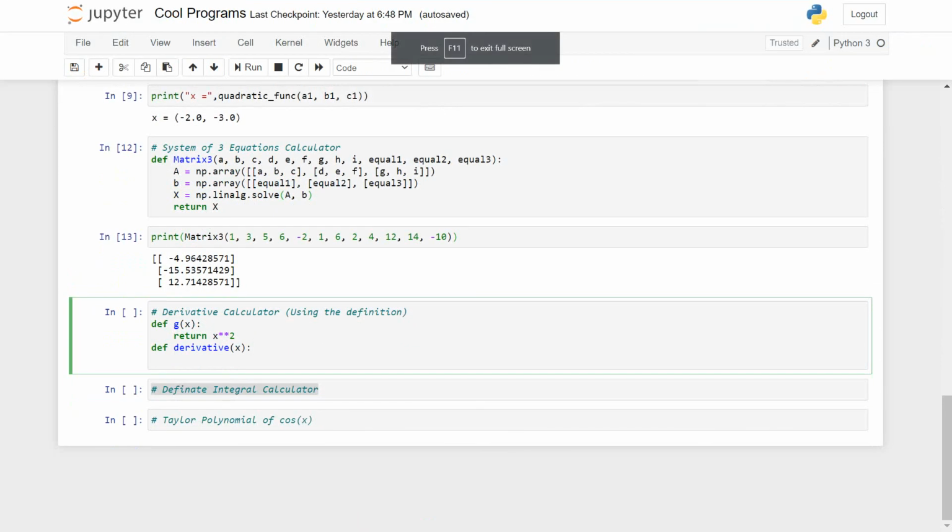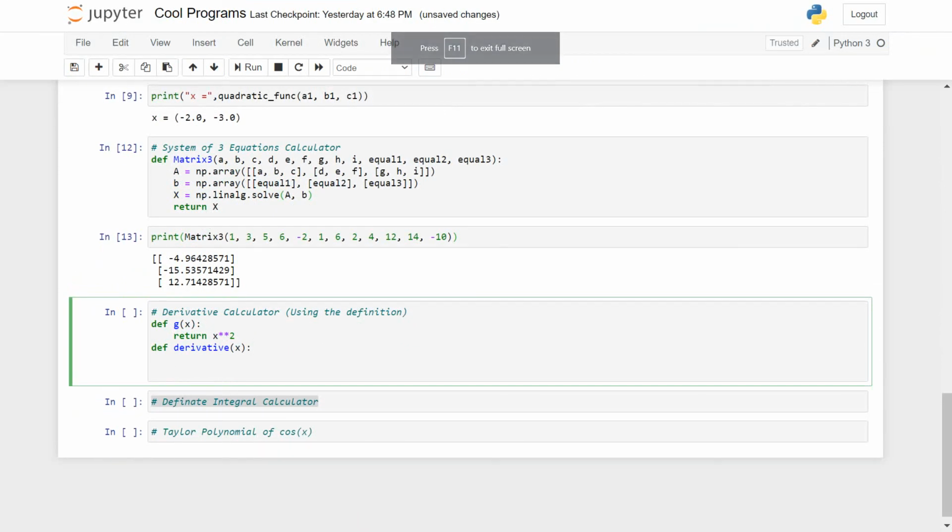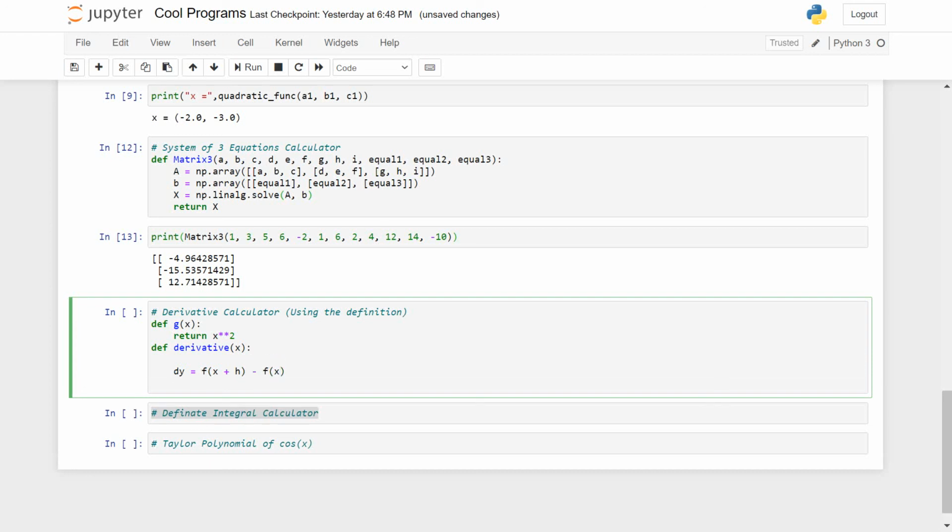So, let's get started. Okay, so in this case, our dy was f of x plus h minus f of x, and let's set our h here beforehand.